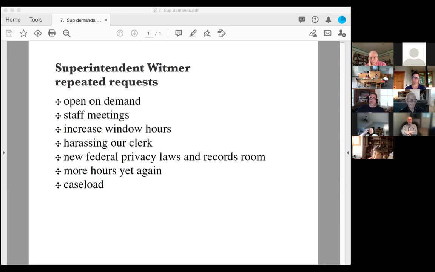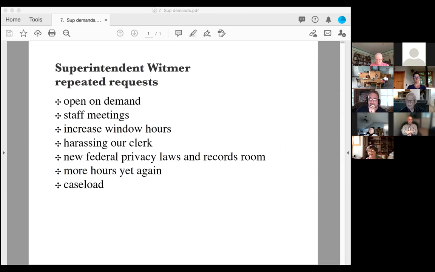She had 3 outstanding tickets. One of them was for 80 in a 45. It was clear that there was nothing I could do for this driver, and it was futile to open court. We do not open on demand. We are not a place where you can just knock on the door and say, right now it's convenient for me. We have hours. We have people that need to be present in court.